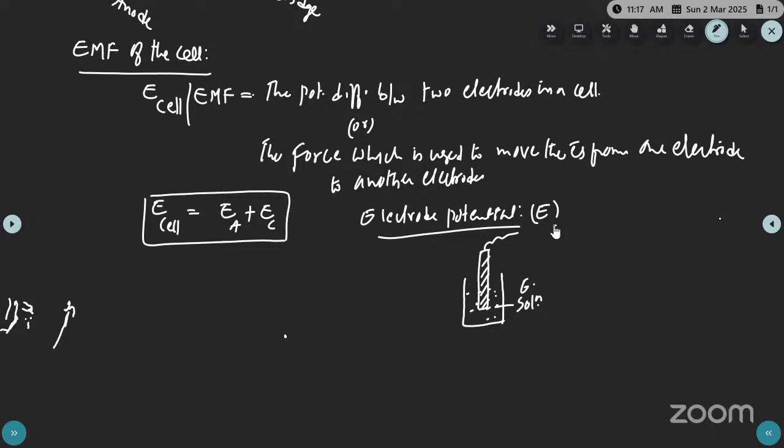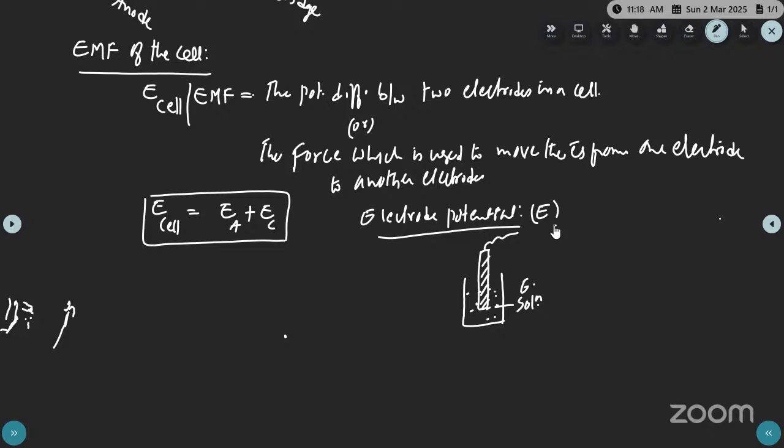E cell means EMF of cell. So that is right. EMF of cell or E cell means the potential of the cell. Potential of the cell is known as EMF. Okay, EMF is also known as E cell, and here E is only for the single electrode potential.